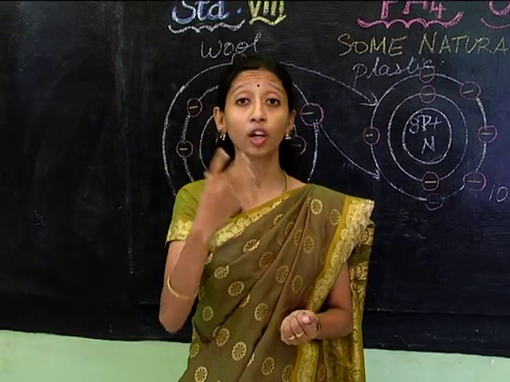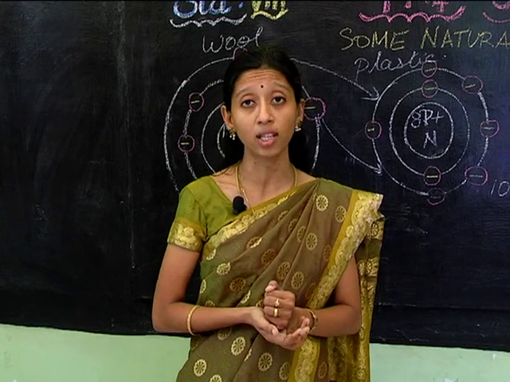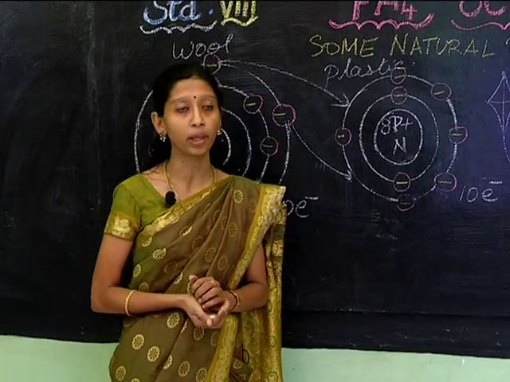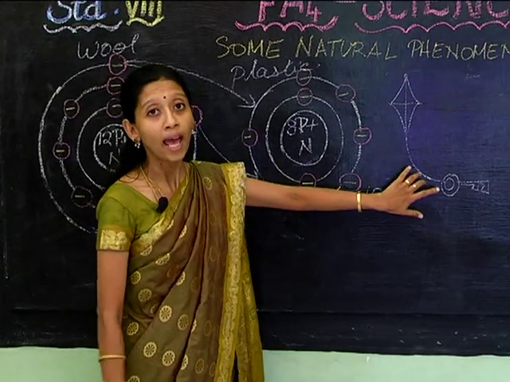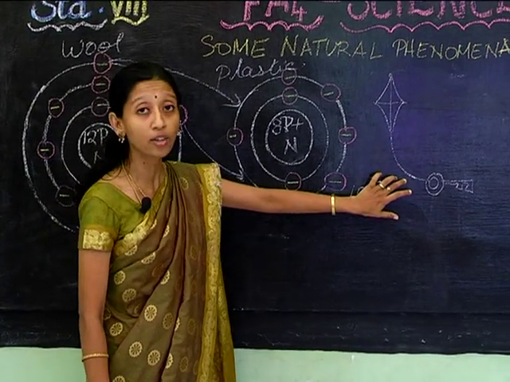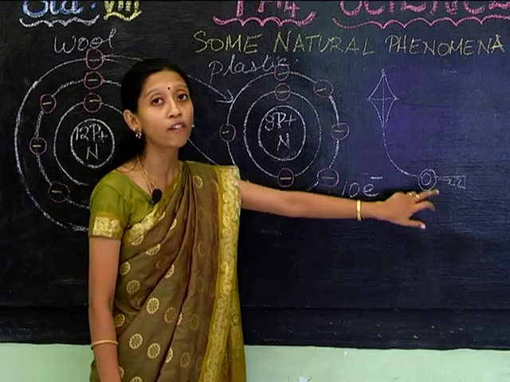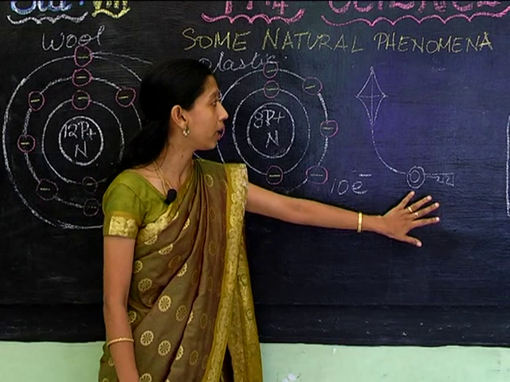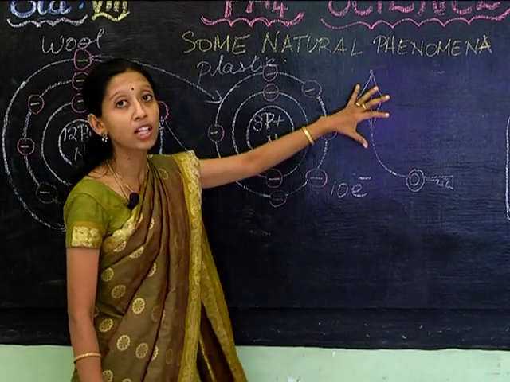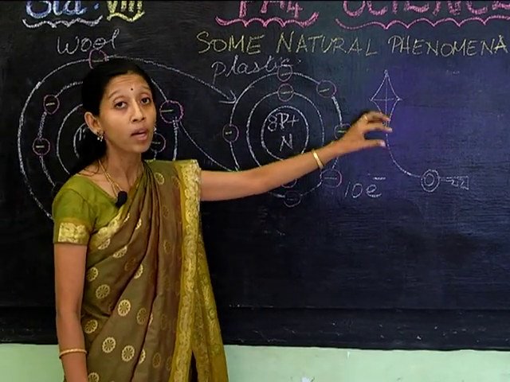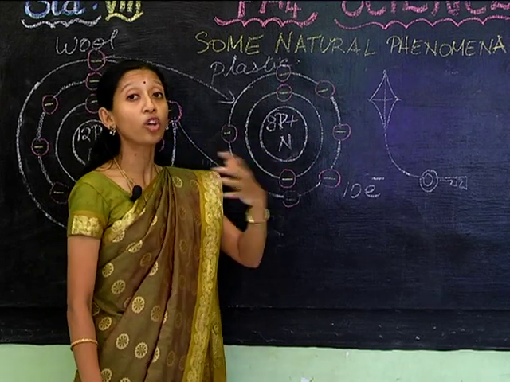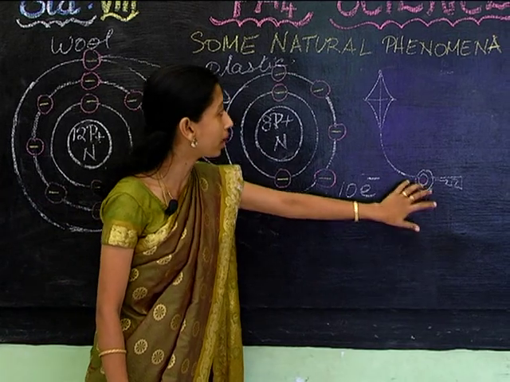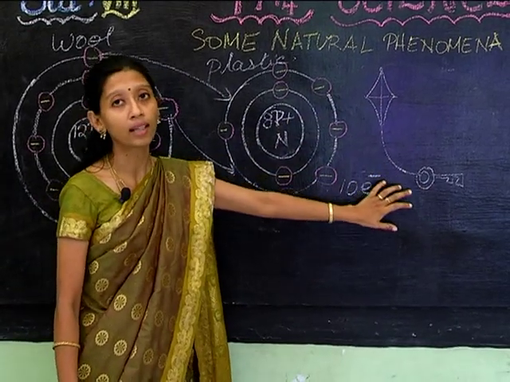In order to prove this accumulation or transfer of charges, the scientist Benjamin Franklin did a very simple experiment. He tied a kite to a rope, which is a silk string. The other end of the silk string is tied to a metallic key. When this kite is flying up during a thunderstorm, the high amount of charge accumulated in the atmosphere passes through the kite and the string to the metal key.